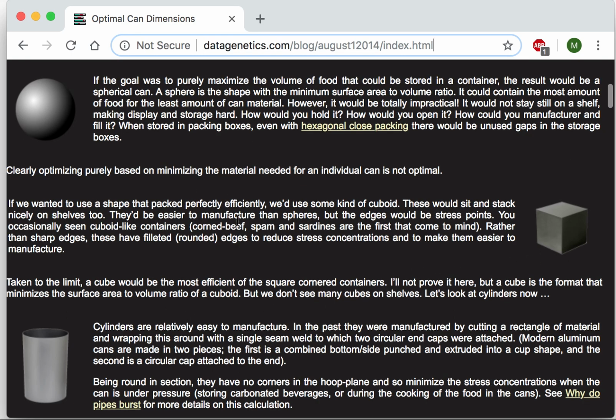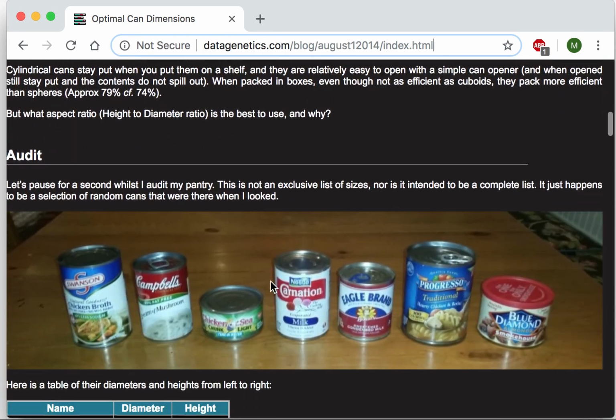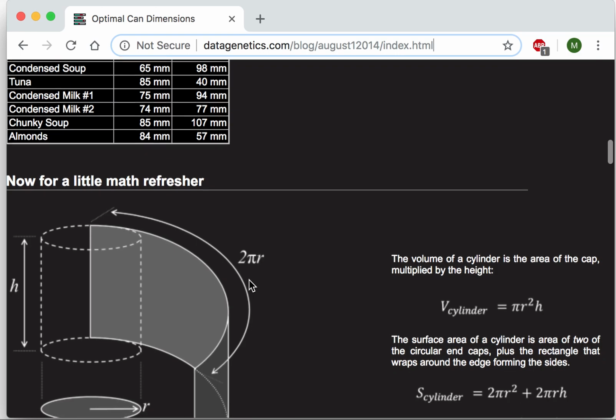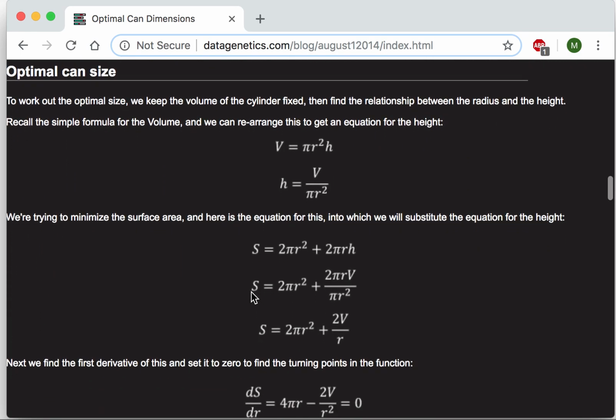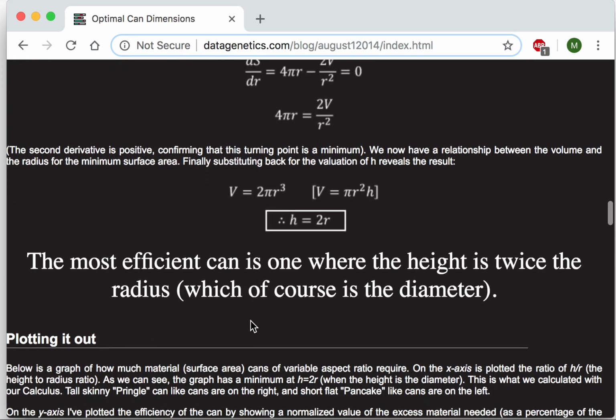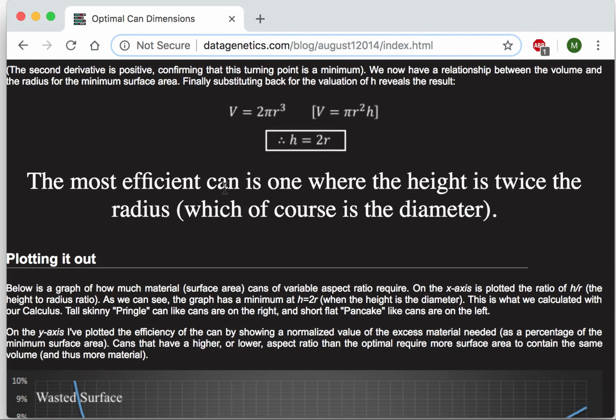There's packing considerations, there's strength of the can considerations. On this page, they actually did a slightly different problem to us, but came out with a very similar response. The most efficient can is going to be the one where the height is twice whatever the radius was. That's basically what we found.